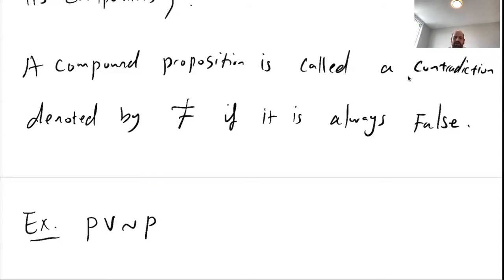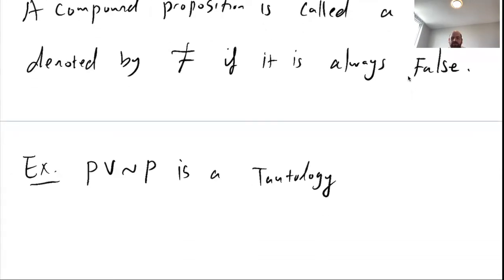So this is always true, right? So this is a tautology, because no matter whether P is true or false, P or negation P is always true.